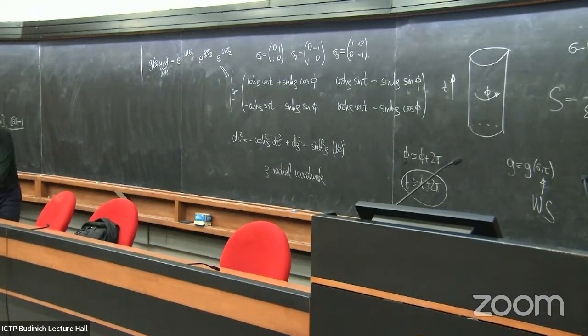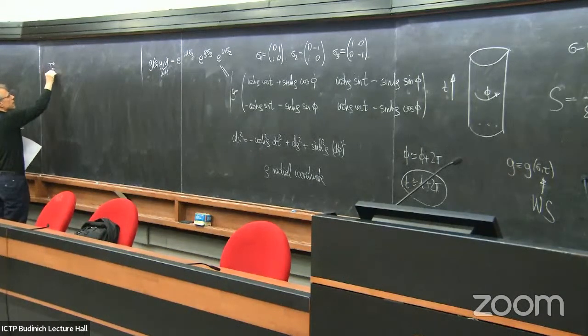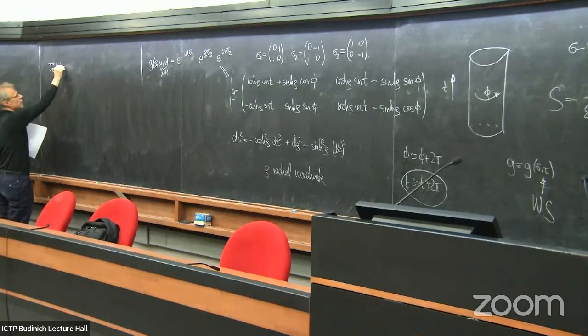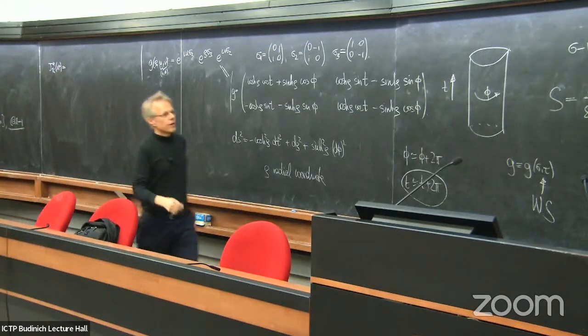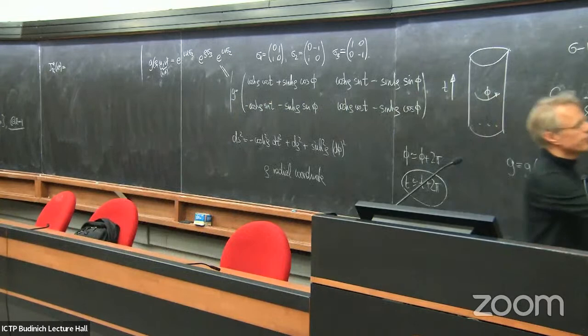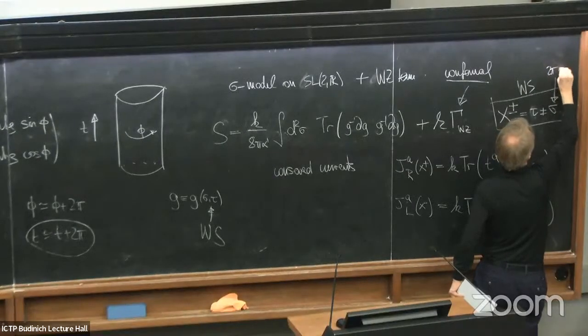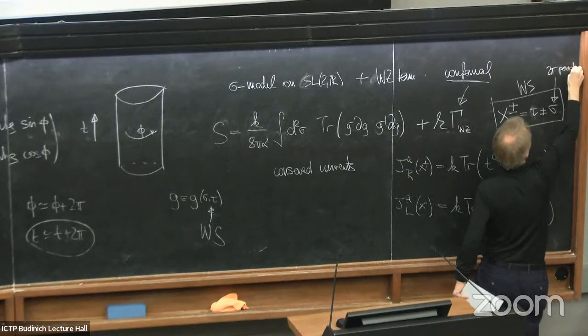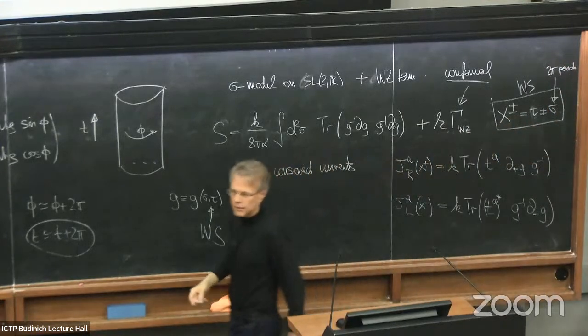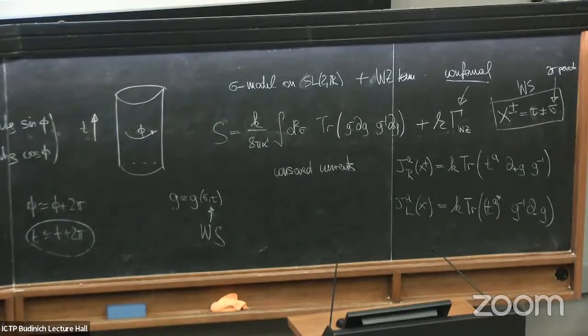So therefore, we can expand, say, J^A_R of x plus in a Fourier series. You see, x plus, because it's a function of tau plus sigma, and sigma is 2 pi periodic, we are in the world of closed strings. So everything is 2 pi periodic in sigma. This must be 2 pi periodic in x plus.